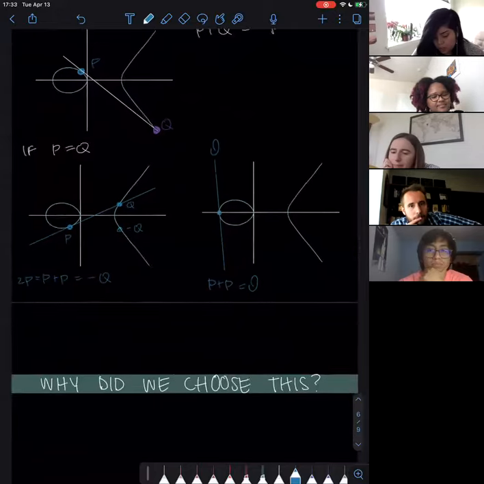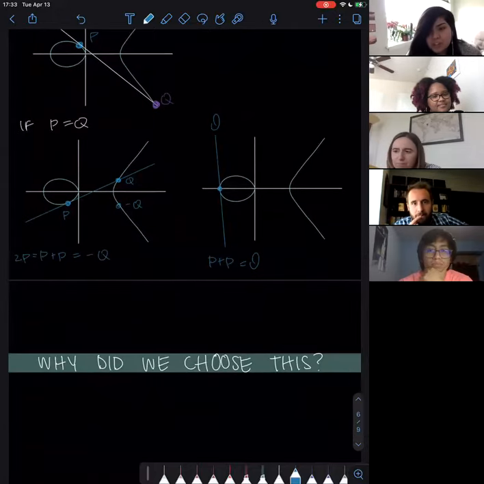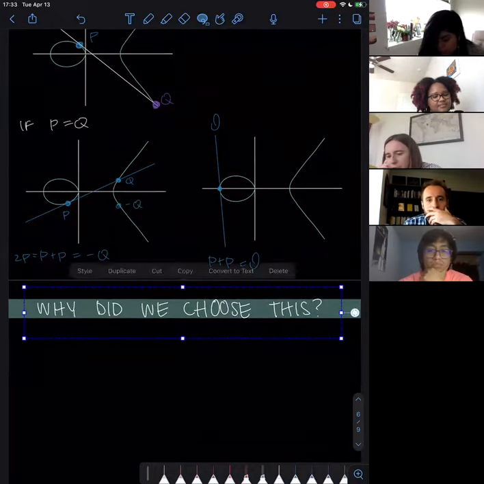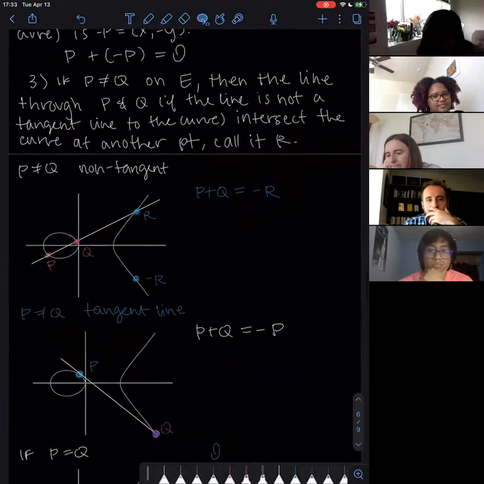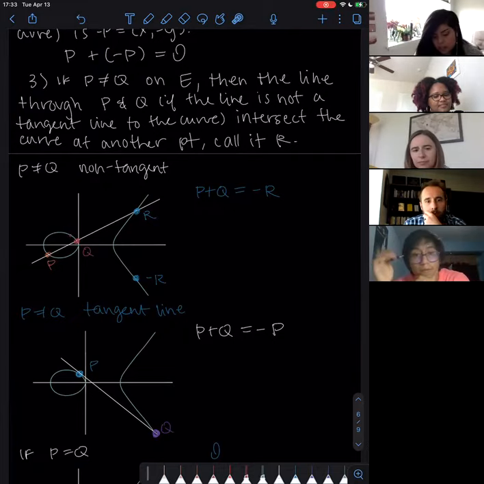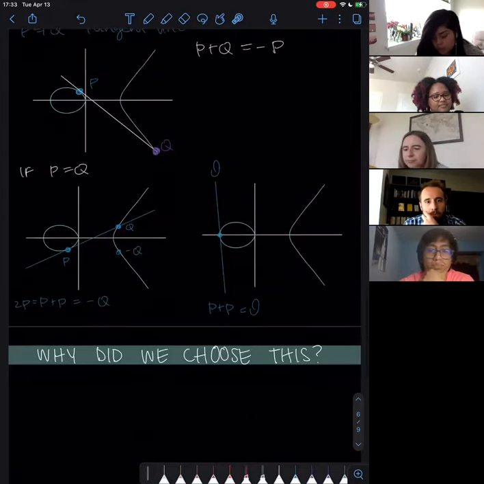So we want to think about, why did we choose this way of writing our addition? And in particular, I'll talk about this case here where P does not equal Q, and the line through P and Q is a non-tangent line through the curve.